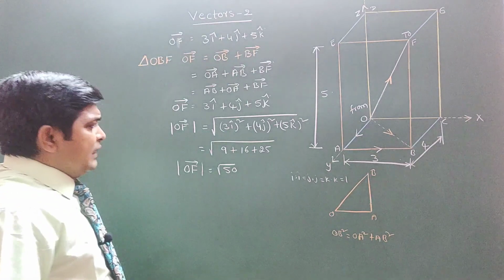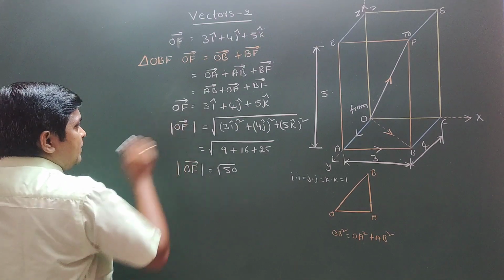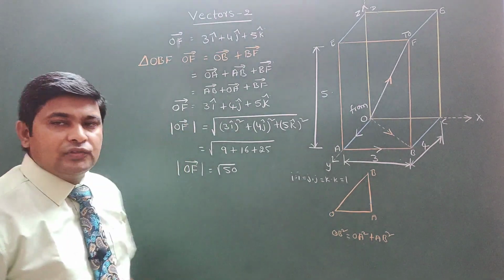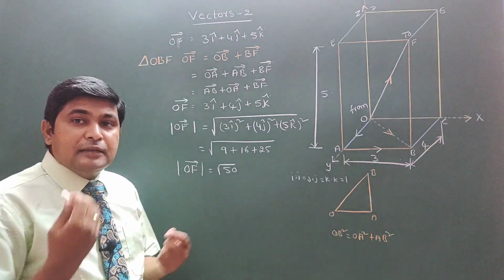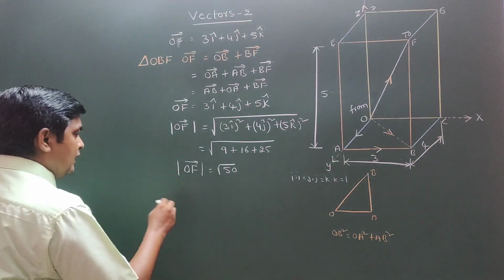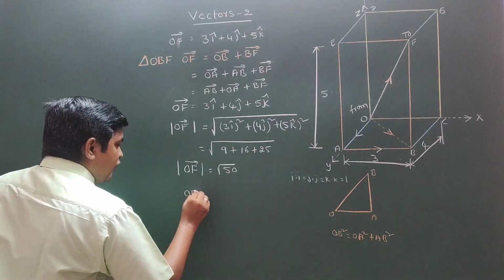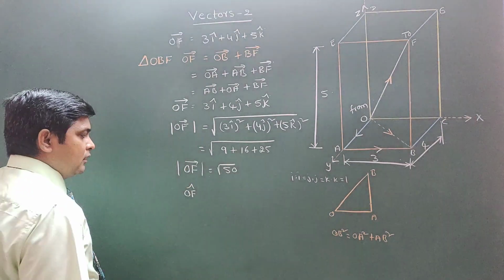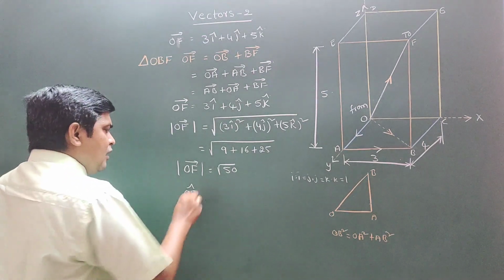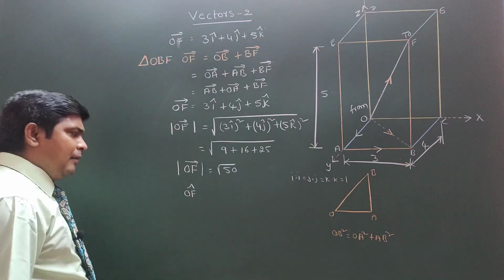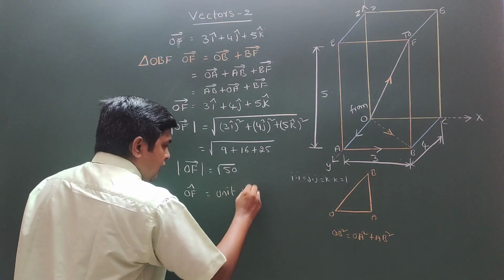Now, sometimes we might have seen three notations. What is the difference in the meaning whenever we write them like that? Let us see. Suppose I write this as OF cap. What is the meaning of this? Whenever I write the cap, it means that it is a unit vector.